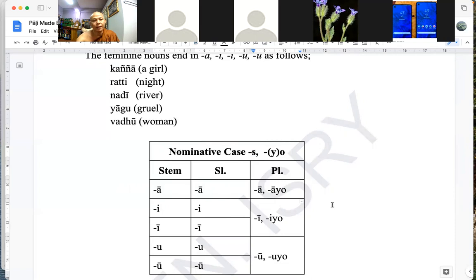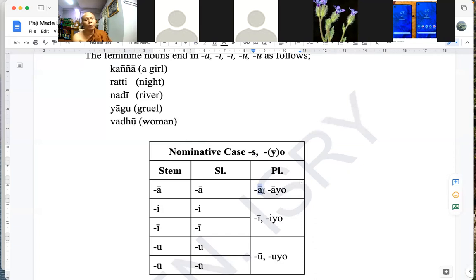Stem also Kanya, nominative case singular form also Kanya. So for plural, the first one is Kanya also long. It is already long, in plural also long. That is why in nominative case singular Kanya, plural also Kanya can be.